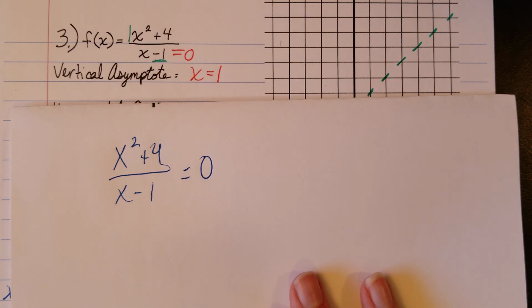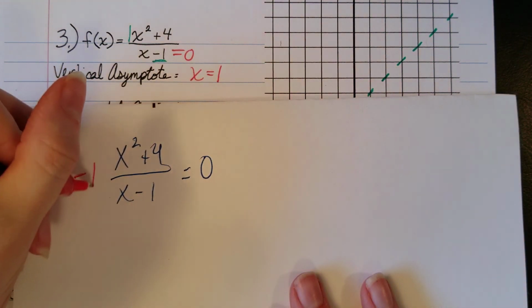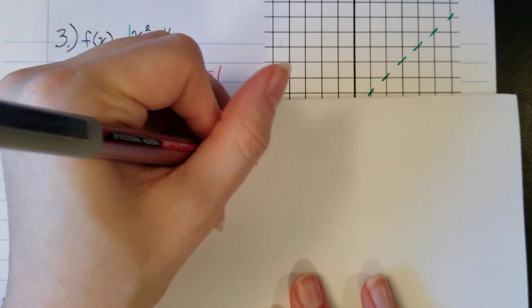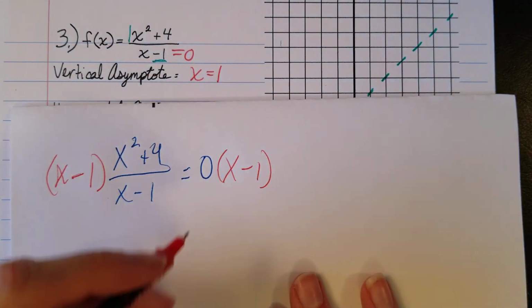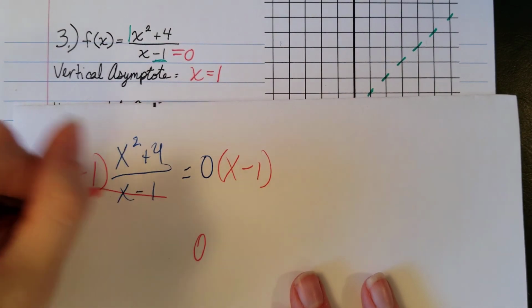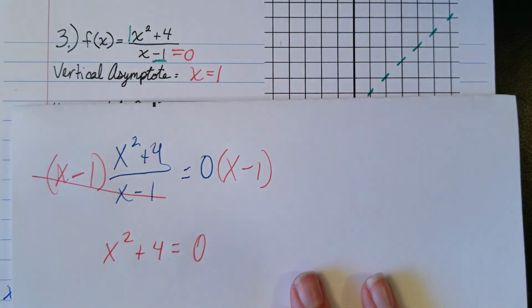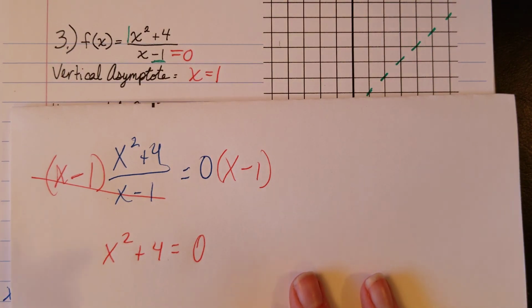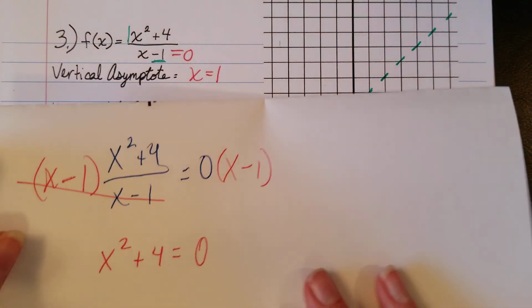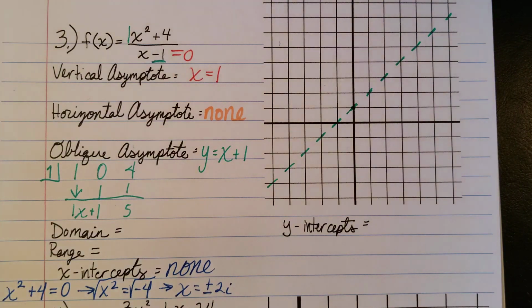In the case of a rational function, the very first thing you would do is multiply both sides times the denominator. Well, 0 times the denominator is still 0, and you end up with x squared plus 4 equals 0. So I just shortcut that first step and set the numerator equal to 0. That's why we do that.